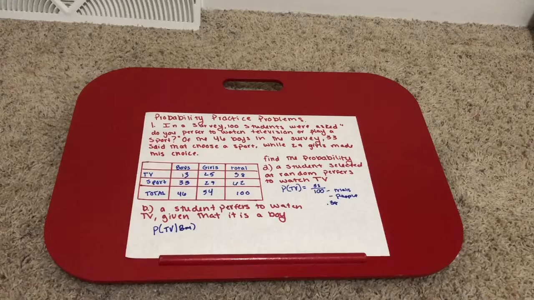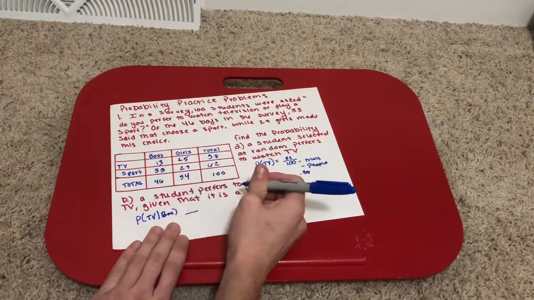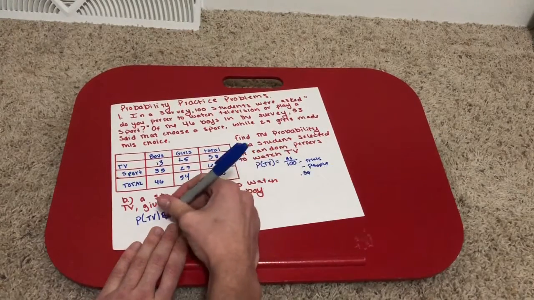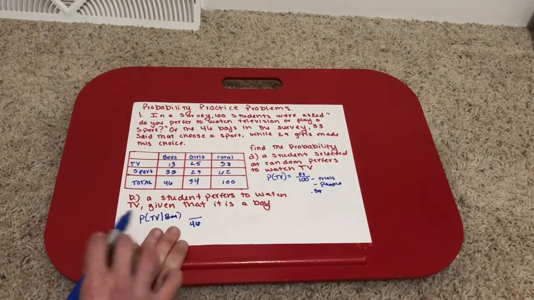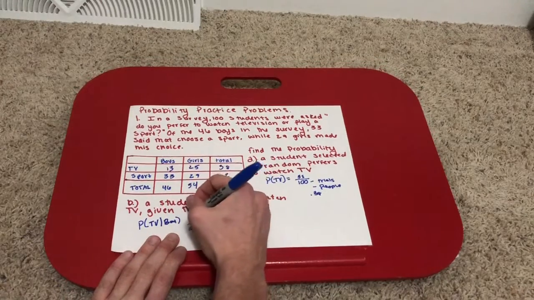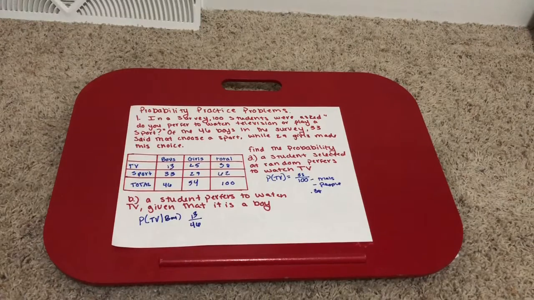So now we're going to be basically using our chart. So we're given boy, that's the total amount that we have, boys, just 46. We're given that. And now, how many of these boys like to watch TV? And we figured out that 13 of them do. So then that's your answer. It's as easy as that.